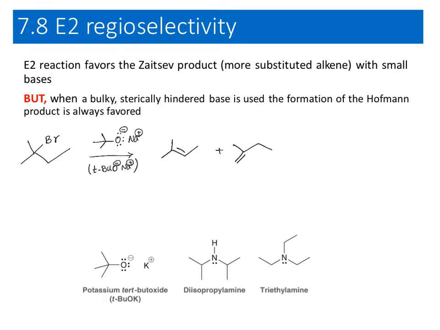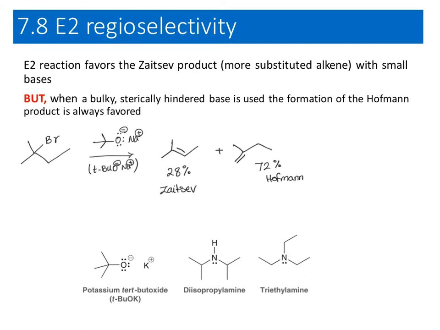However, this time we are going to get 28% of Zaitsev product and 72% of Hoffman product. Now, why is that?